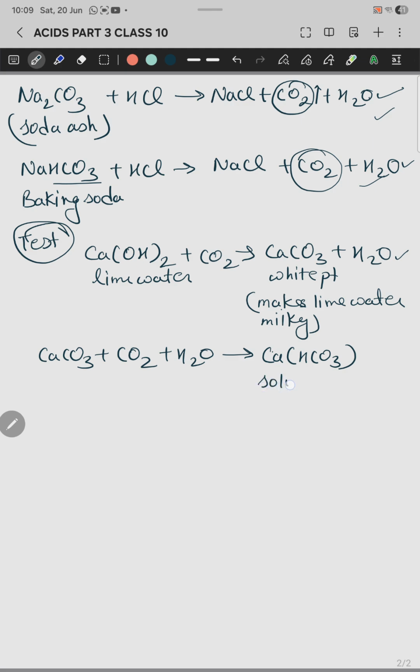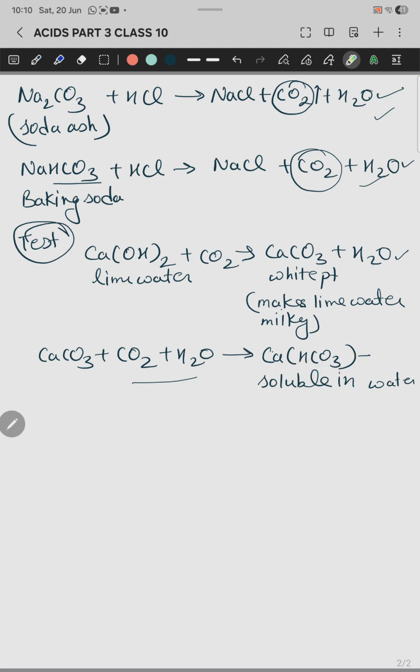That is soluble in water, totally colorless, and no milkiness appears. So when you pass carbon dioxide completely, it gives you a clear solution, known as calcium hydrogen carbonate.